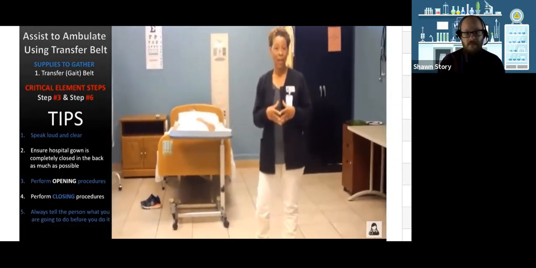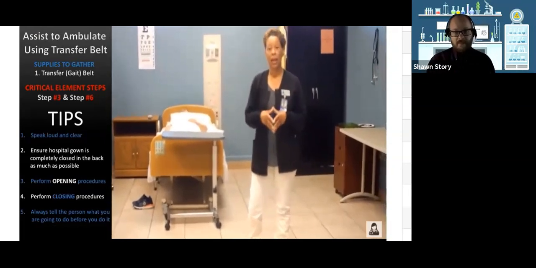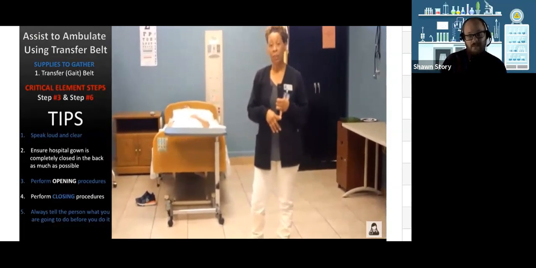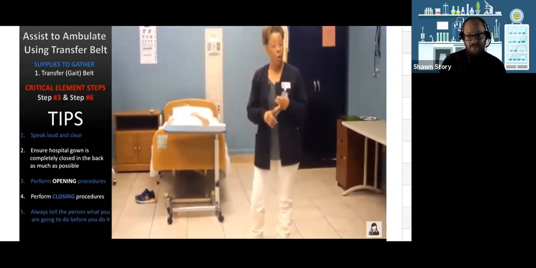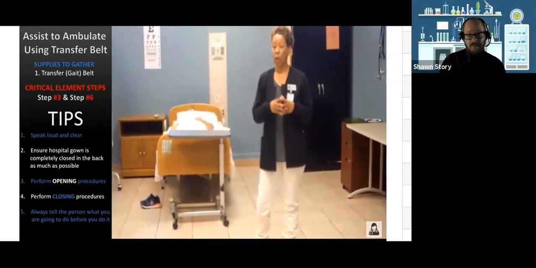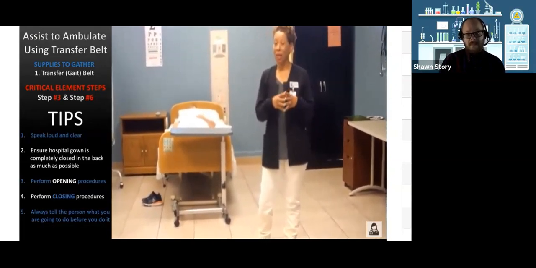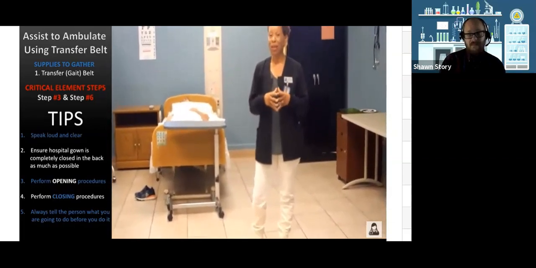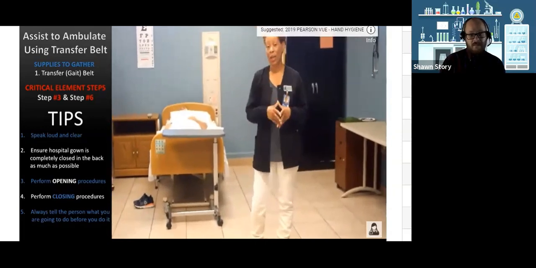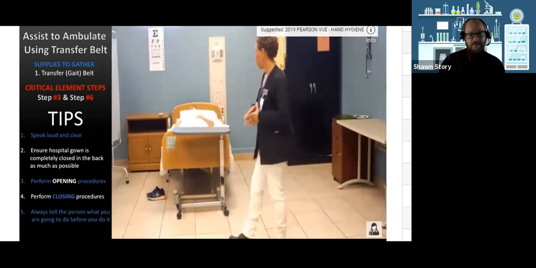Your critical element steps are indicated in bold in your Nurse Aid Candidate Handbook. If you perform any of these critical element steps incorrectly, or if you omit these steps, you will automatically fail the skill. So you want to keep in mind to make sure you perform those steps correctly, okay? So without further ado, let's go ahead and get started.